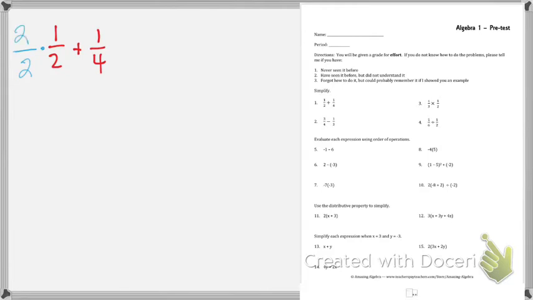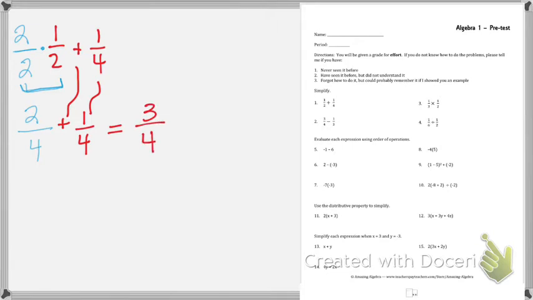So now we have a new fraction. So 1 times 2 is 2. 2 times 2 is 4. We're going to bring down what we did not use. Now that these are the same, we can add straight across, right? So 2 plus 1 is 3. And then you keep your denominator.